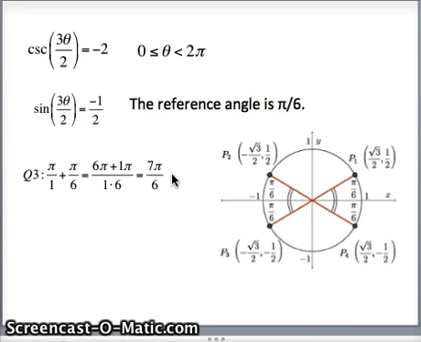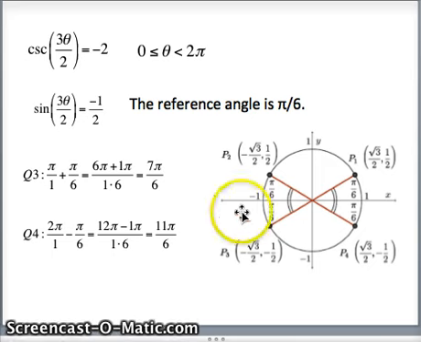What that's telling me is that the sine of 7 pi over 6 is negative 1/2. And we can see we want the sine of 3 theta over 2. That'll be helpful for us. Now what about in quadrant 4? We go all the way to 2 pi and then back up pi over 6. What will that be? It'll be 2 pi minus pi over 6.